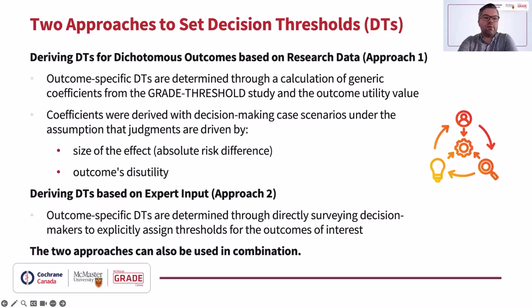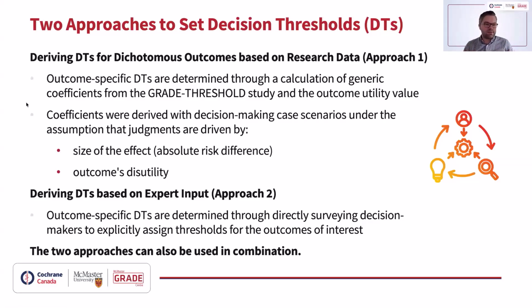The two assumptions here were that the judgments were driven by the size of the effect, so the absolute risk difference, and the outcome's disutility. So the outcome utility value is how we are able to generate these generic coefficients that can then apply across different types of outcomes.